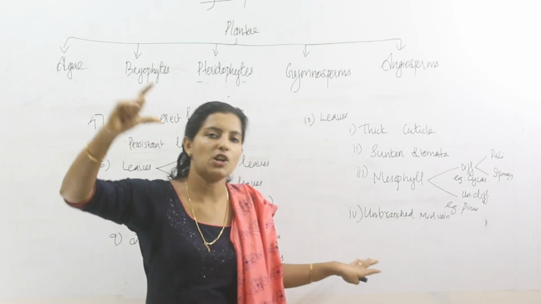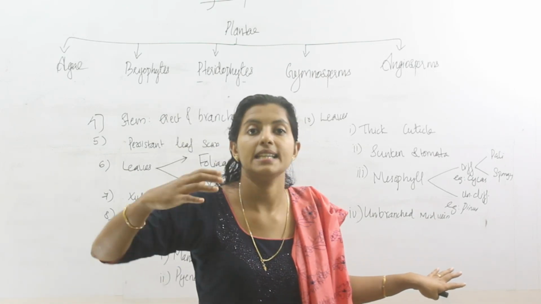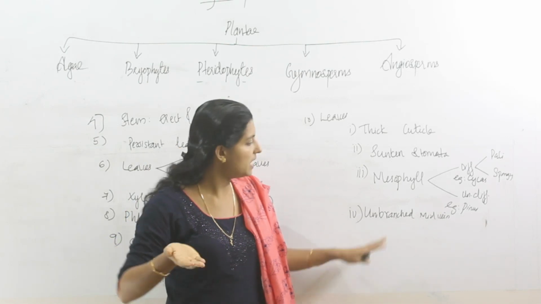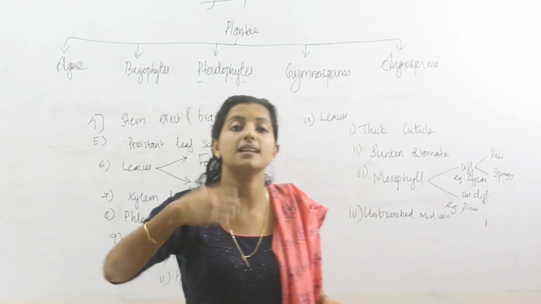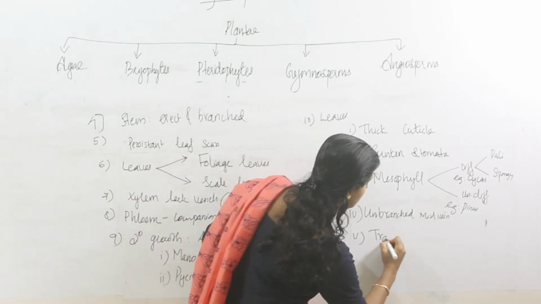Then for the lateral conduction, even in the absence of lateral veins, they need lateral conduction. Instead of lateral veins or veinlets, it is utilizing another tissue. That tissue is called transfusion tissue.